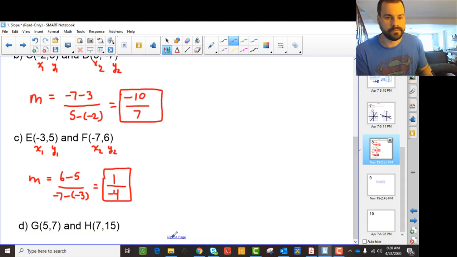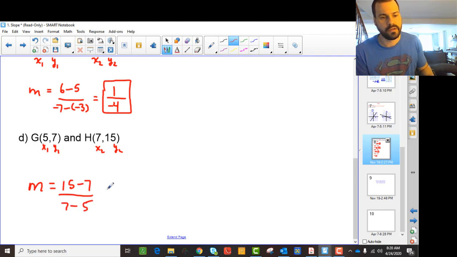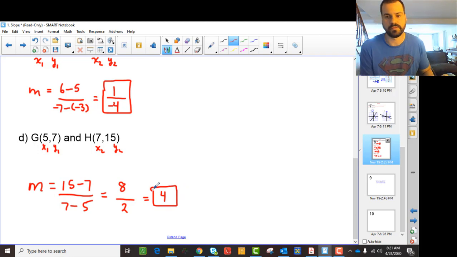And then finally, we do this one. We have x1, y1, and then x2, y2. So the slope in this case is 15 minus 7 over 7 minus 5. So 15 minus 7 is 8, and 7 minus 5 is 2, and 8 divided by 2 reduces to 4. So that's my slope there.